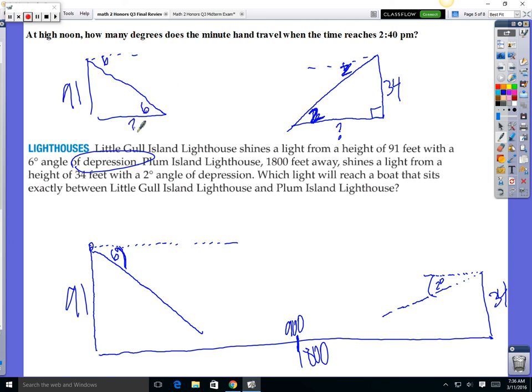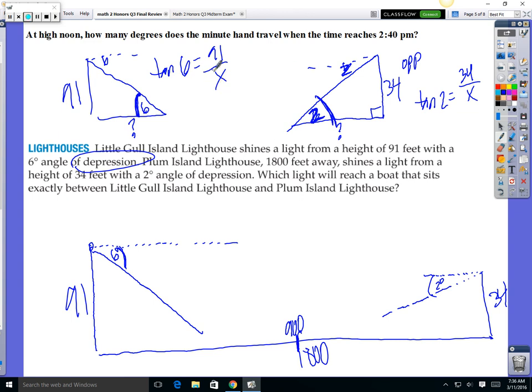Okay, I gotta find this one. So the boat is 900. So let's see what the base is. Okay, the base. I'm gonna mark it from here. If I mark it from here, that's opposite and that's adjacent. Opposite and adjacent is tangent. So I've got to do tangent of 2 equals 34 over x. Okay, I gotta do probably the same here. Tangent of 6 equals 91 over x.